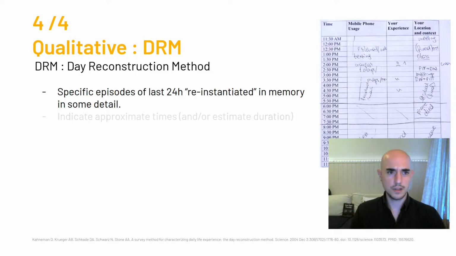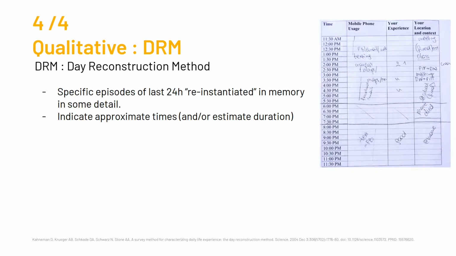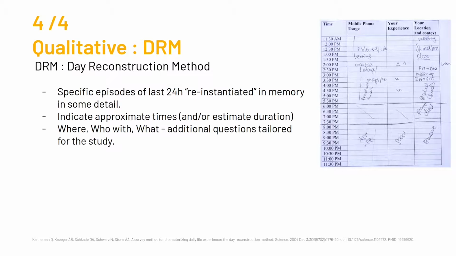So what exactly is inside the DRM? You can see on the screen right now what a full day looks like. In this DRM, we were asking the participant what they were doing, or what their mobile phone usage was during the day, between 11:30 a.m. and 11:30 p.m. We asked whether there was a moment where they felt their smartphone experience was bad, and if so, whether they could tell us about it.